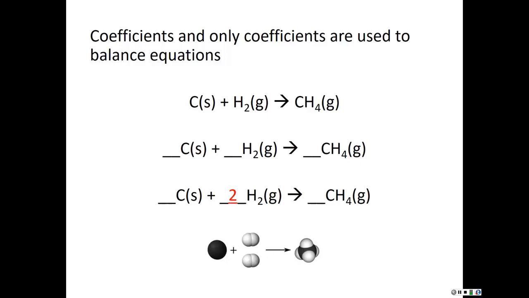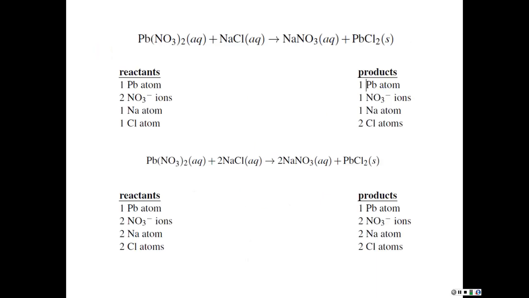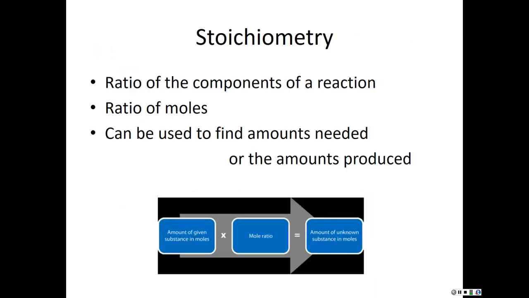So now that we understand balanced equations a little bit, we can actually discuss what's called stoichiometry. Now, stoichiometry is a really, really fancy word for ratios. It's just the coefficients in a balanced equation. What that means is, say we look at this equation here.